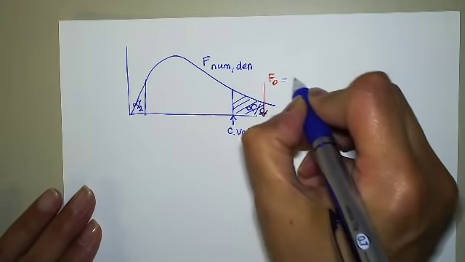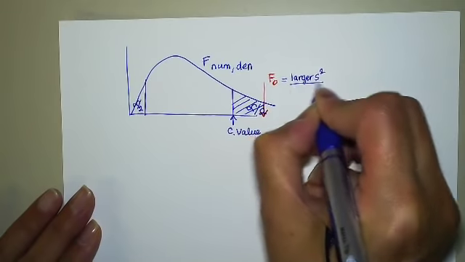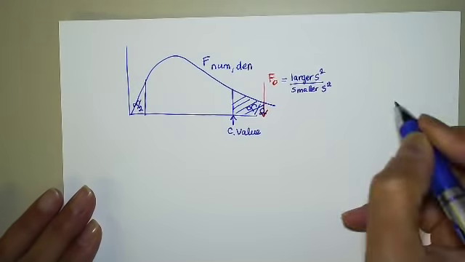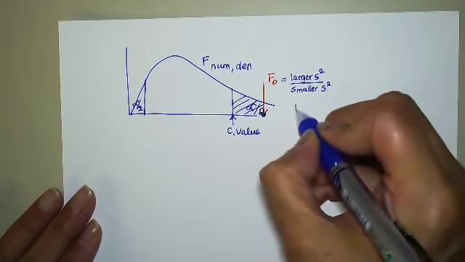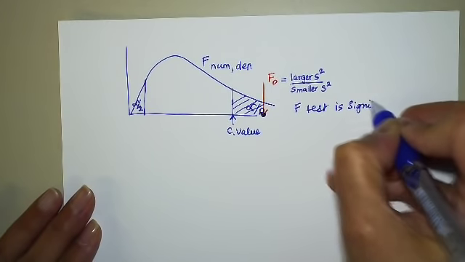And F naught was given by the larger s squared over the smaller s squared. So the F naught falls here, and therefore the F test is significant.